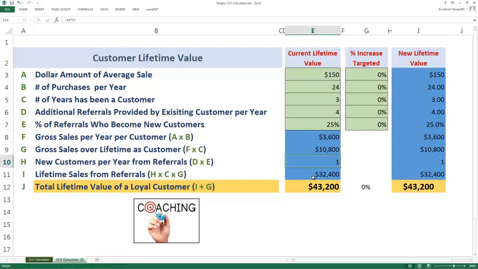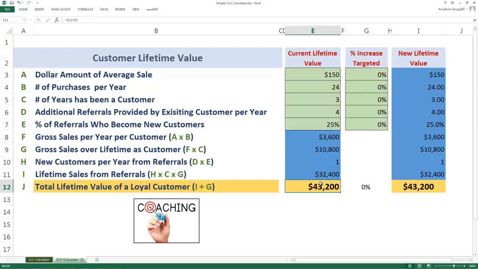If you do that, you look down at line I here, lifetime sales from the referrals, that one additional client will add another $32,000 of revenue to your business because you're picking up 1 new client per year. So the lifetime value of that initial $150 an hour client is now $43,200.